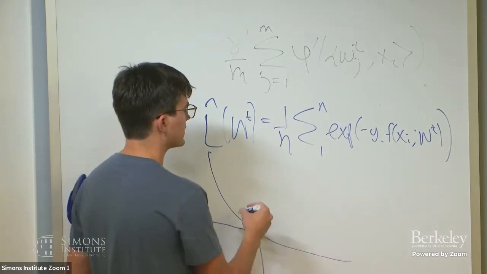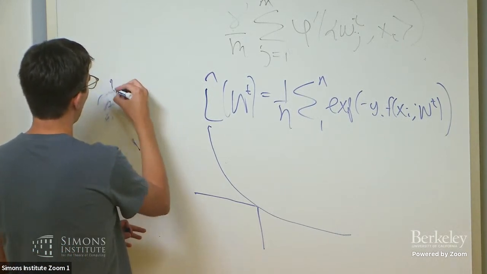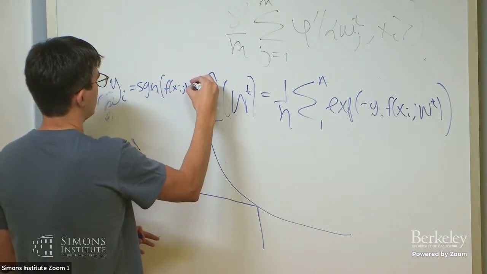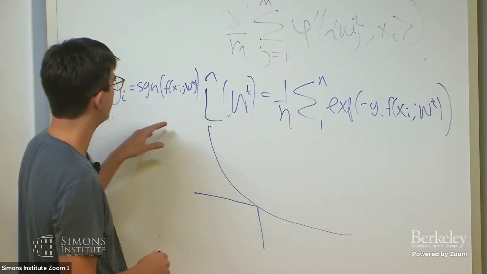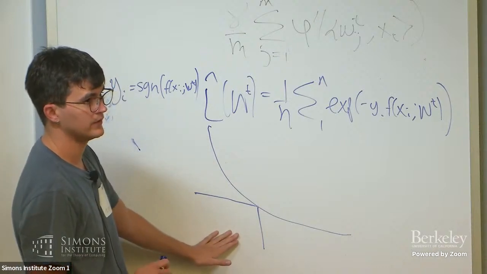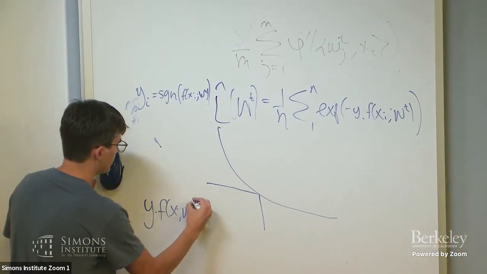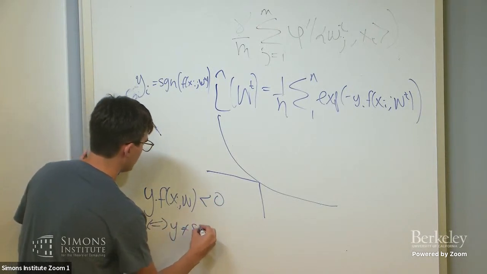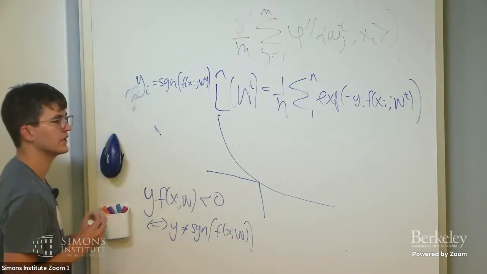What that would mean is that y_i will be equal to the sign of f(x_i; W_t). If you have a classification problem, you want to classify the training data correctly, and the way to guarantee that is to have the 0-1 loss be small. Because basically y times f(x; W) is less than 0 when y does not equal the sign of f(x). That's the key identity.